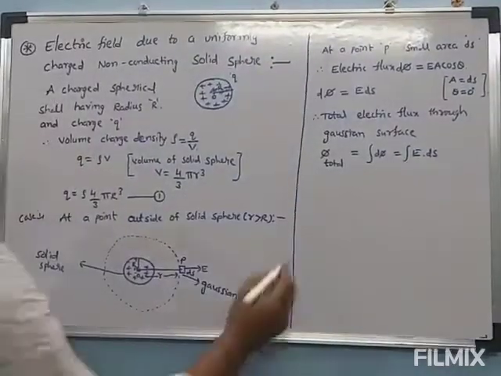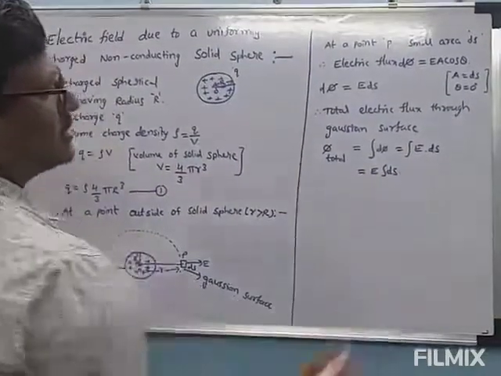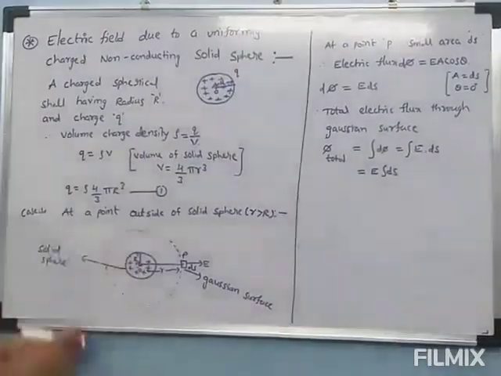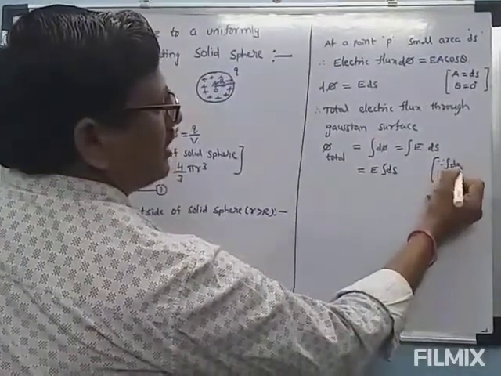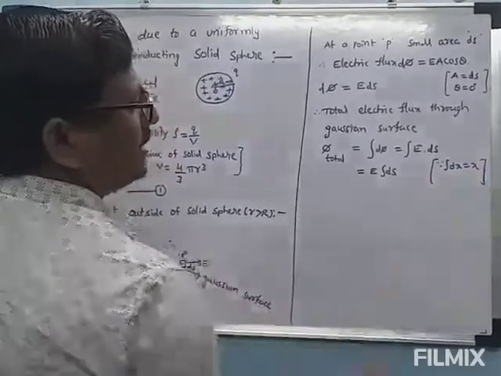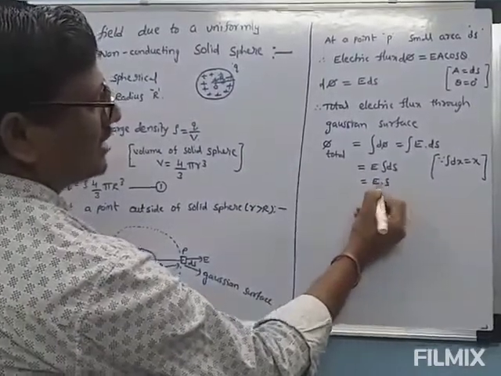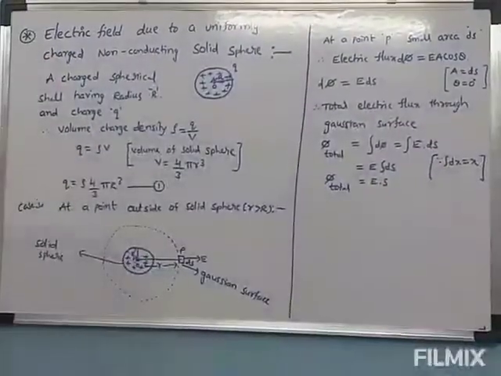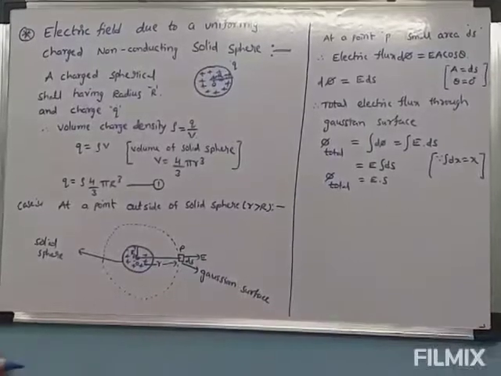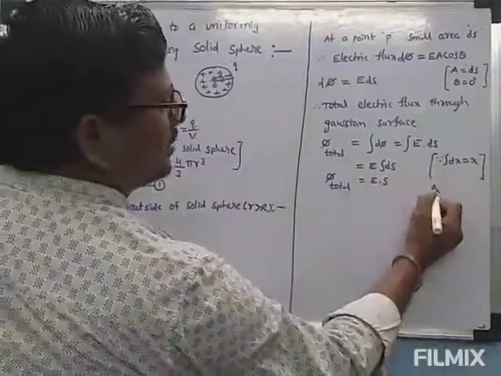E is a constant value, so it is taken outside the integration, and ds changes with the surface area. The integration of ds is equal to S. So the total electric flux is E times S, where S is the surface area of the sphere.